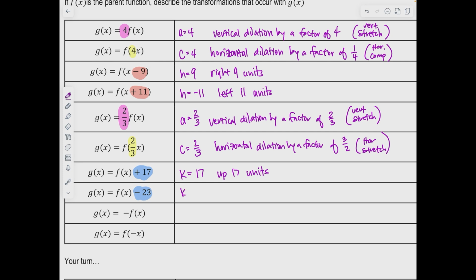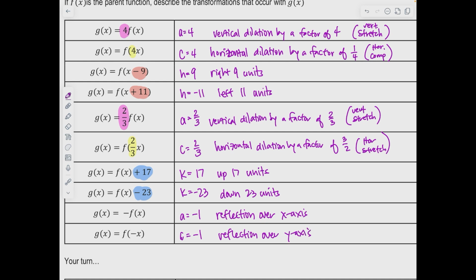Okay, so in this case, K would be negative 23, so we're going to go down 23 units. Okay, a negative in the front, that means my A value is negative 1. This is a reflection over my x-axis. Negative inside the parentheses, that's my C value. That is a reflection over the y-axis.